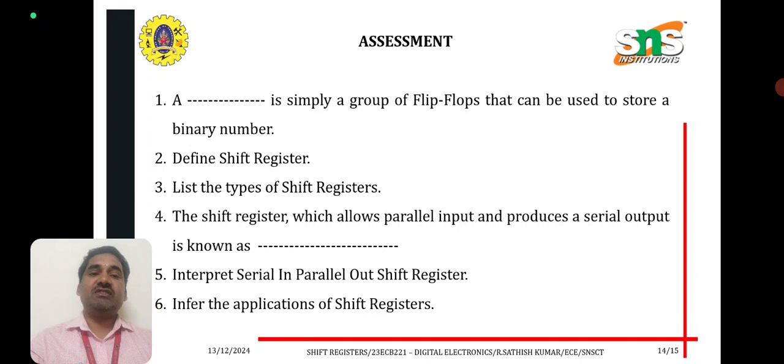The shift register which allows the parallel input and produces the serial output is known as parallel in, serial out. Interpret serial in, parallel out: the shift register which allows the serial input and produces the parallel output is known as serial in, parallel out shift register. List the applications of shift register: it is used in data storage, data alignment, data conversion, memories, etc.